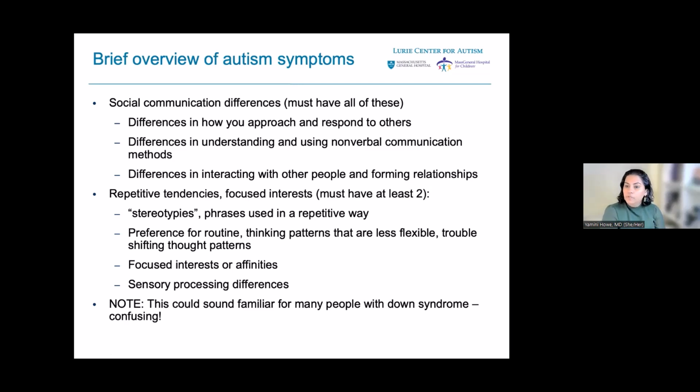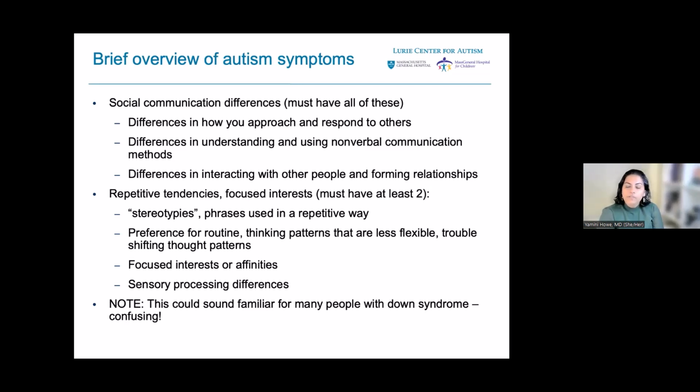Needing a specific routine, having thinking patterns that are less flexible, and having trouble shifting thought patterns is also very common in people with intellectual disabilities. Having very focused interests or affinities can be particularly more unique for people with autism and Down syndrome. And sensory processing differences are seen in a lot of people with Down syndrome, but are uniquely extremely problematic for people with Down syndrome and autism.